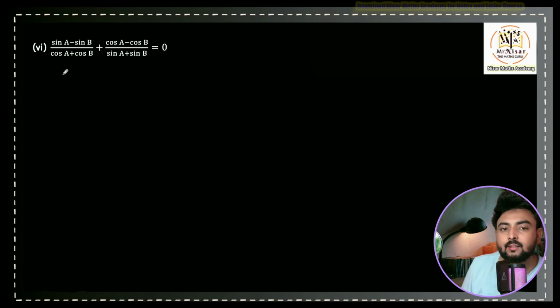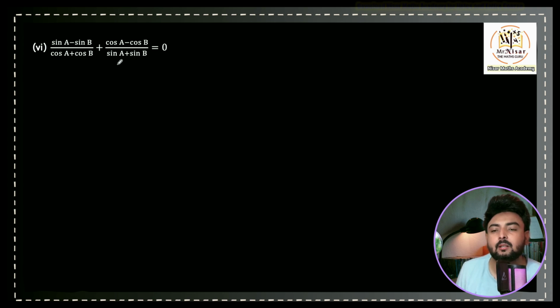The question is (sin a minus sin b) upon (cos a plus cos b) plus (cos a minus cos b) upon (sin a plus sin b). Children, this type of question we have already solved in the previous exercise. Just here we need to do cross multiplication.